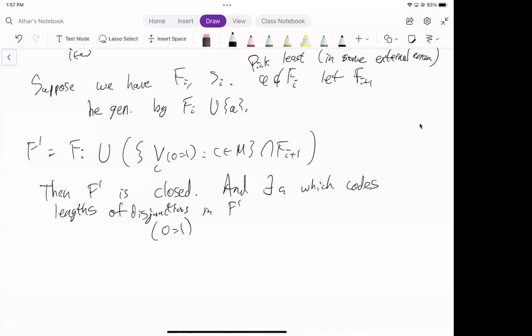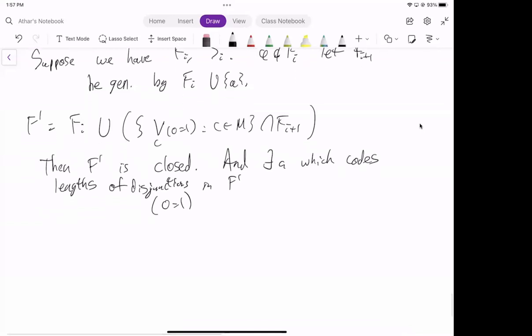So again, just run down this finitely branching tree that is Fi plus 1 and look at the ones that are disjunctions of 0 equals 1. Okay. And since there's an A, then there's a C, which separates it. That means that for all n in omega, an is in X if and only if n is in C.